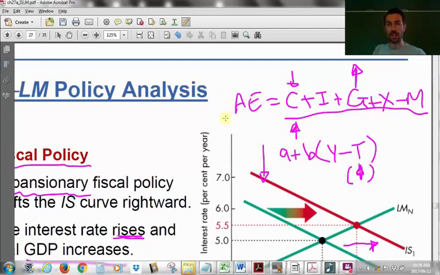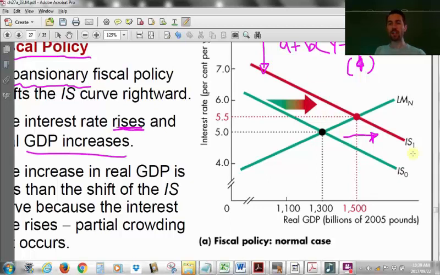That's right, it would be a decrease in aggregate expenditure. So what's that going to do to my IS curve? It's going to shift my IS curve to the left. A shift in IS to the right was an increase in government spending. A shift in IS to the left is from an increase in taxes.